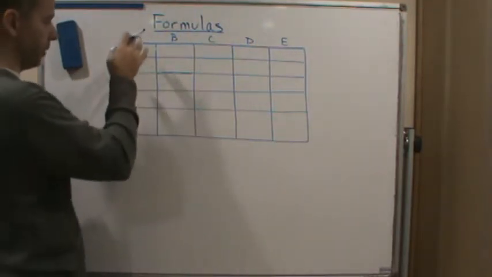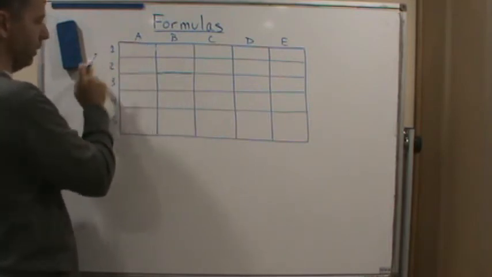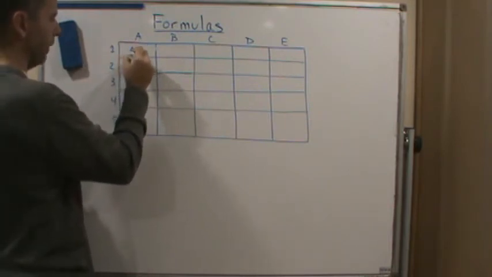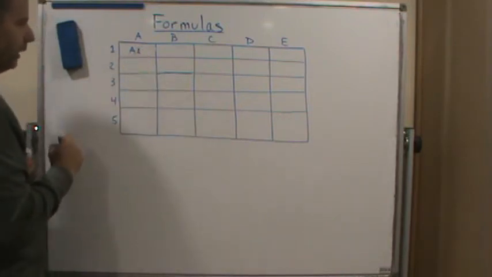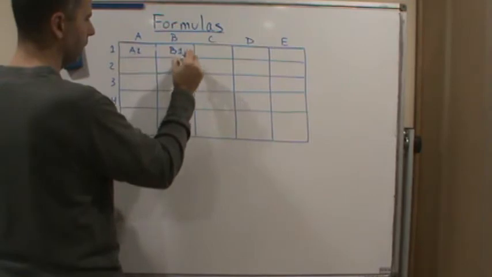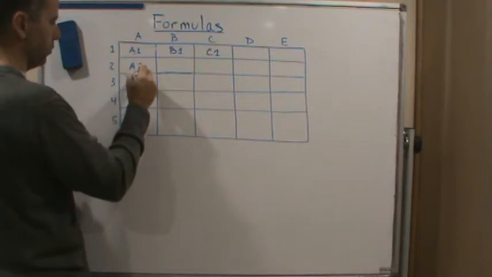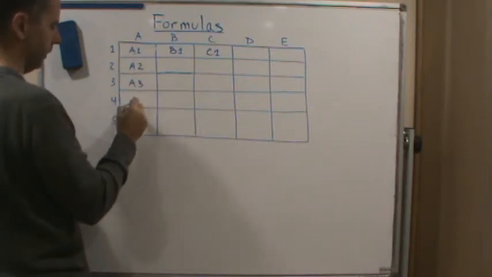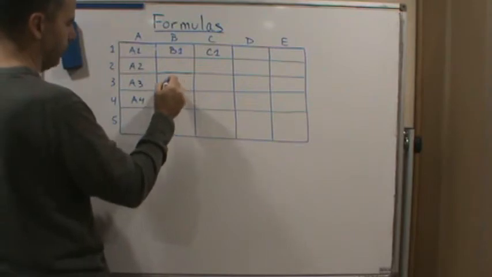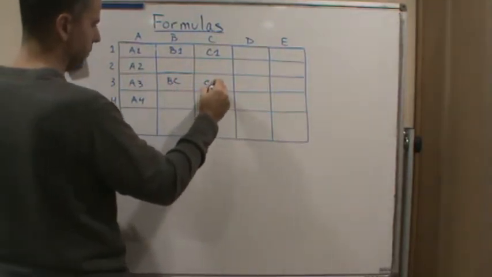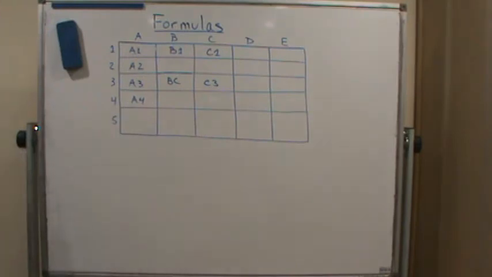So you name the column first, followed by the row. So this would be A1, this would be B1, C1. This would be A2 and A3 and A4, and this would be B3 and C3 and so on. Okay, so that would be the address: the column followed by the row.